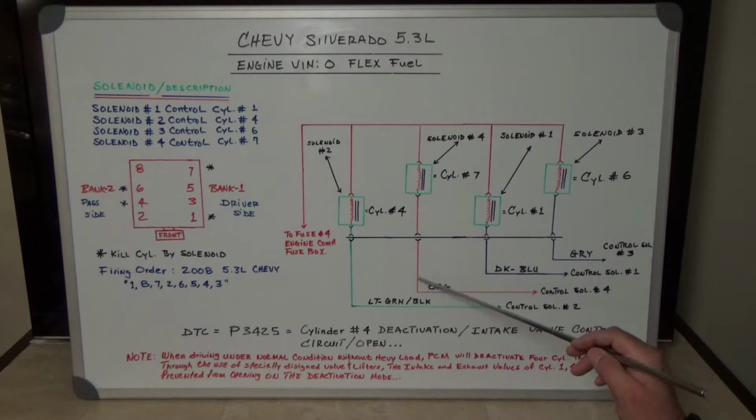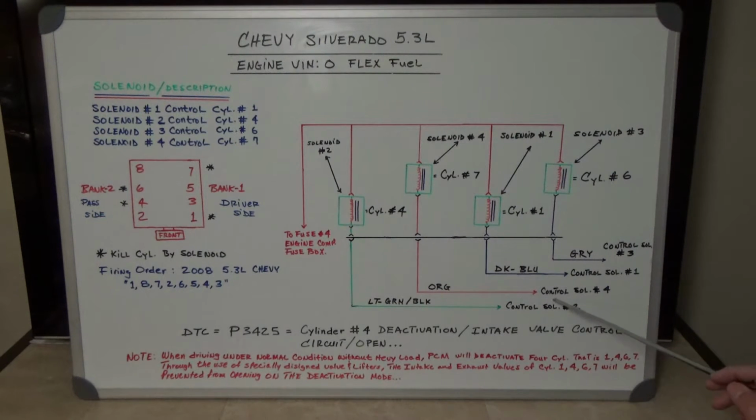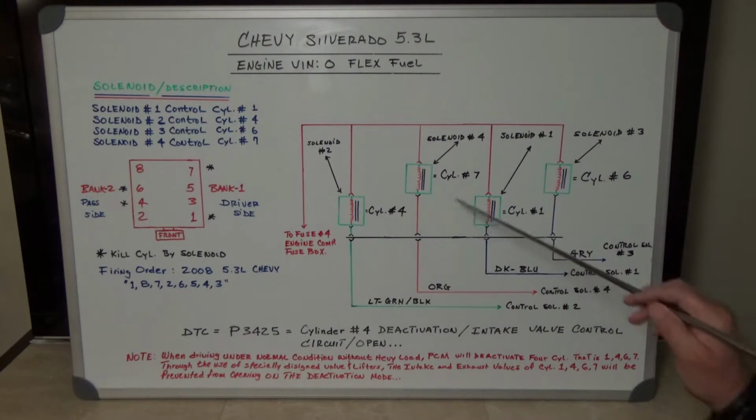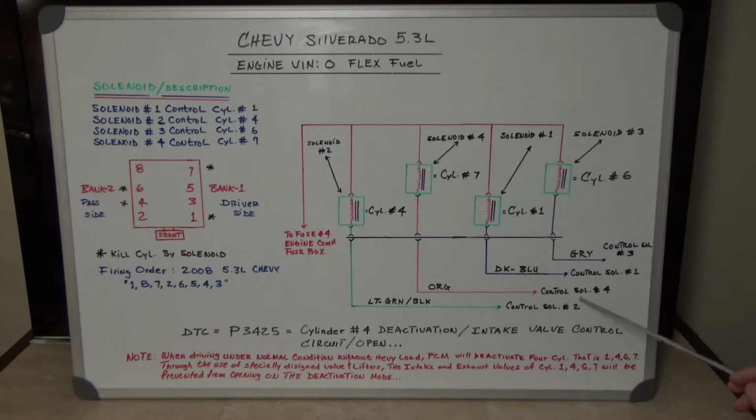And I'm going to see the orange wire, which controls solenoid number 4, and solenoid number 4 controls cylinder number 7. I did this here so it's better understanding what I'm going to do. So my next video is going to be me testing and commanding these wires to see what it does.